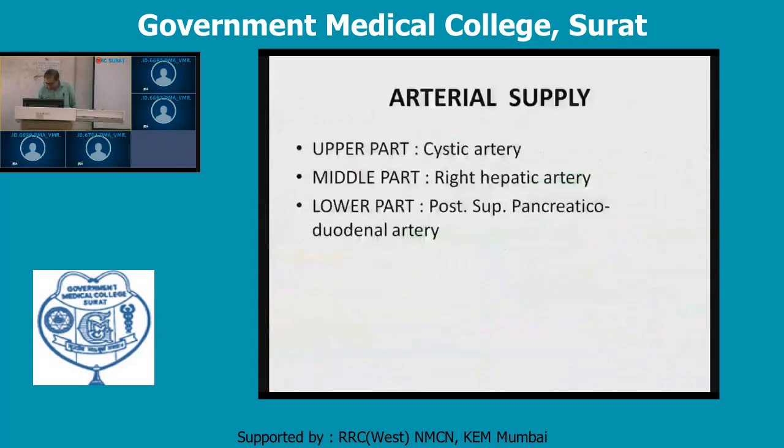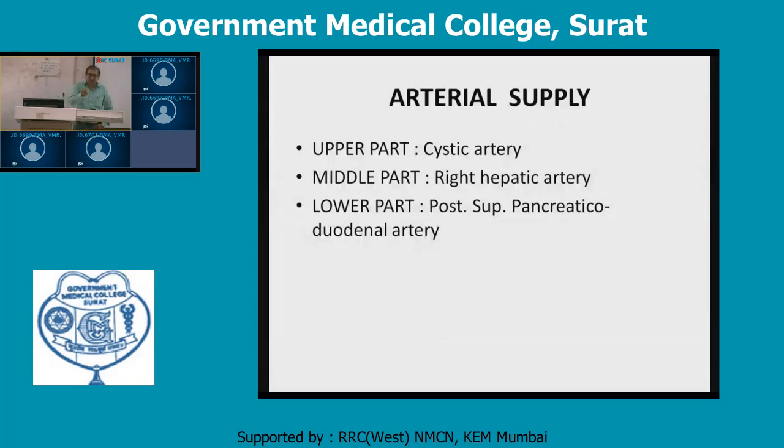Now the arterial supply for this CBD. Here one can notice that the upper part of the CBD is nourished by the cystic artery. The middle part receives arterial blood from two or three twigs from the right hepatic artery, and the lower part receives arterial blood from the posterior superior pancreatico-duodenal artery, which is a branch of the gastroduodenal artery.